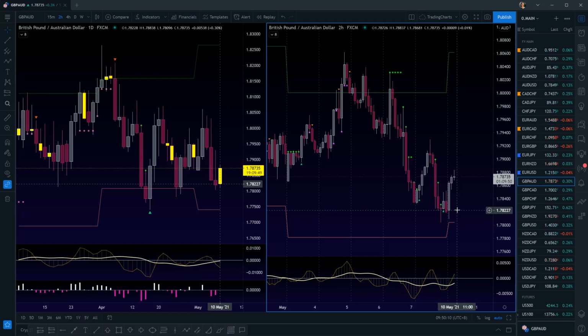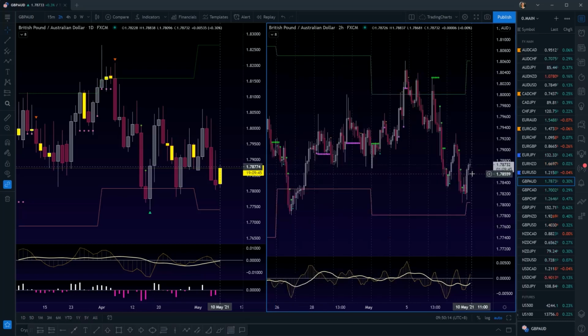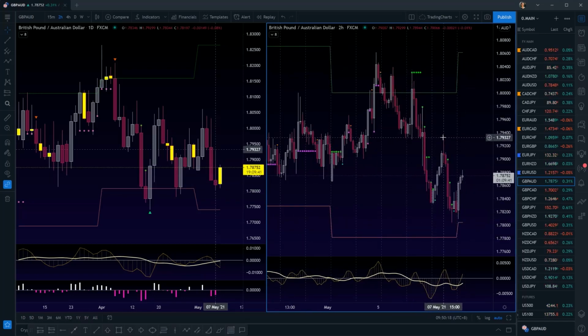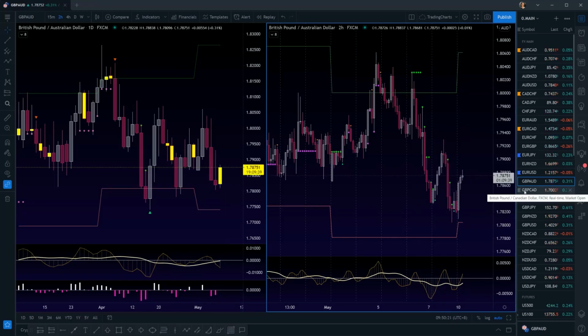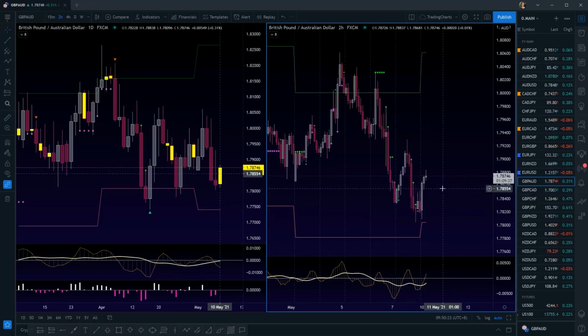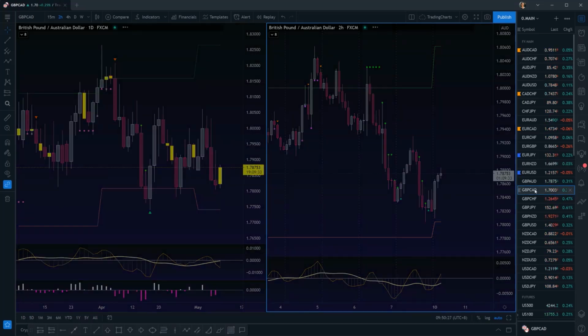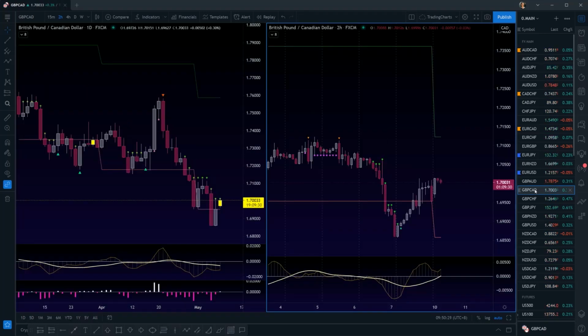Yeah, I don't know, still definitely a downtrend. It's not making any lower lows, and you got lower highs, so yeah, I'm not gonna trade this. That's next.